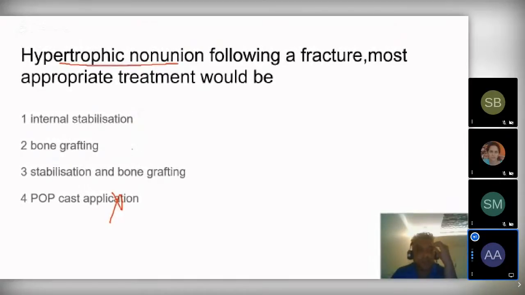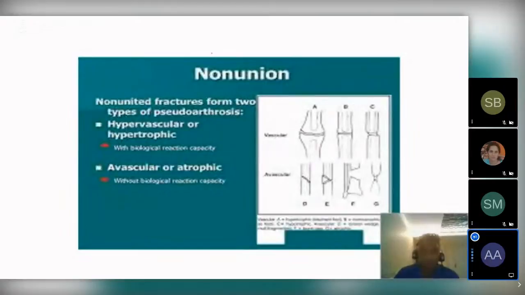So the choice is only 3 now: bone grafting, stabilization and bone grafting, or internal stabilization alone. The answer is internal stabilization. I will explain in a minute. For that you should know the different types of non-union. See, non-unions are classified as vascular and avascular. Please remember this.